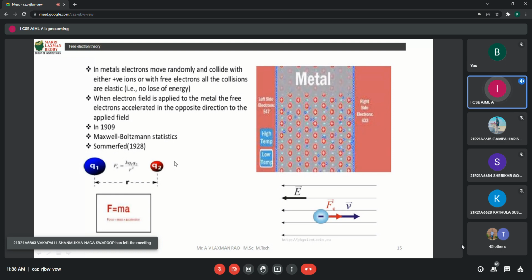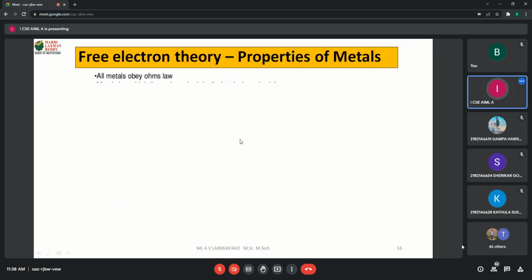Once you go through all these properties, you come to know: when you don't apply an external electric field, all these charged particles, the electrons, move randomly, so the net velocity vector of all these moving charge carriers becomes zero. When you apply an electric field, all these free electrons move in one direction. That results in conductivity. That is how these two scientists explained electrical conductivity in metals.